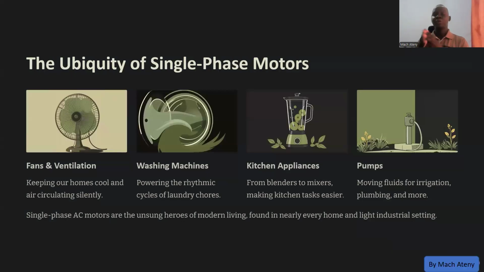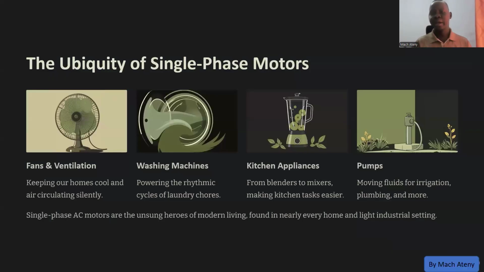Also we have washing machine. We know it makes our work easy for washing our clothes to be clean. We have kitchen appliances, making kitchen tasks easier, like blender to mixer, it mixes the fruits to be good for drinking.